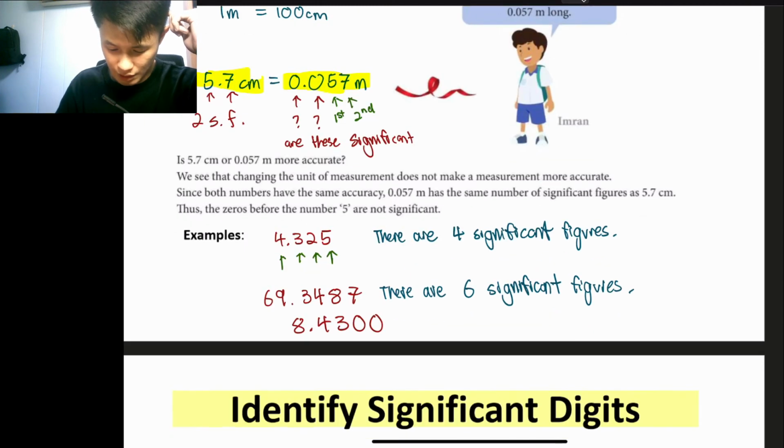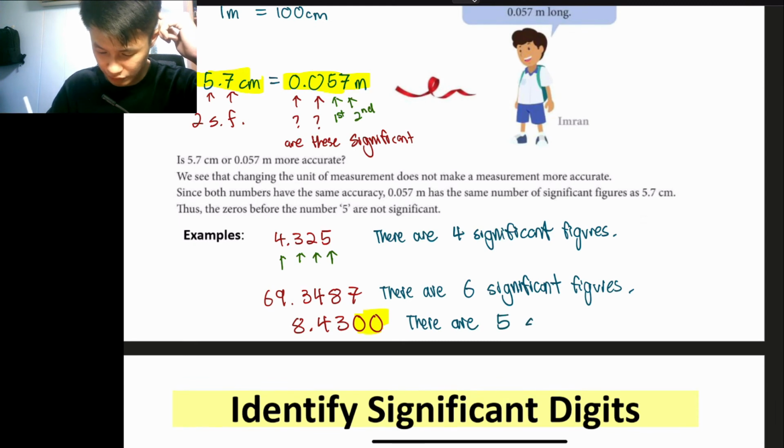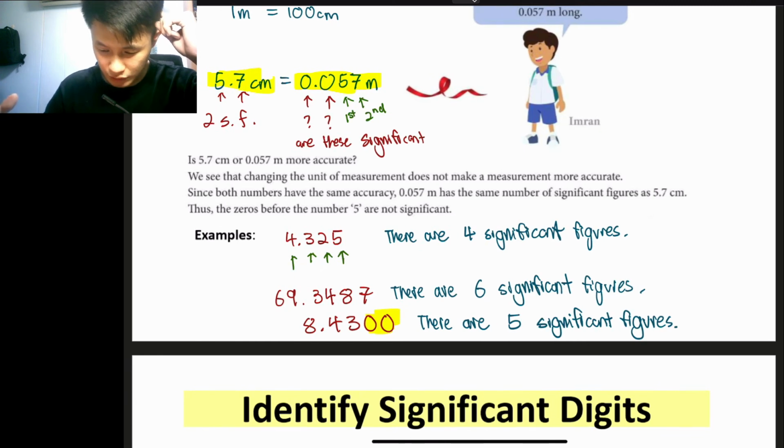In this case, I consider the zeros here as significant as well. Hence, there are 5 significant figures. Something to take note of, it's quite important: all zeros after a non-zero digit in a decimal are significant.